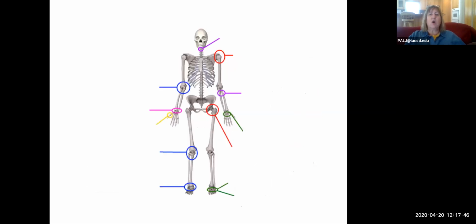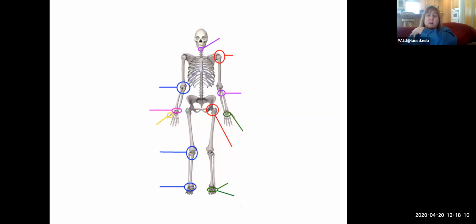Okay. So here's an example of a skeleton. What I suggest you do is work through this, write down what each articulation is, and don't just write knee, don't just write shoulder, write exactly what joint, what bone and bony landmark is articulating with which other bone and bony landmark.